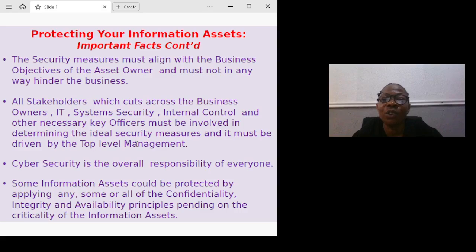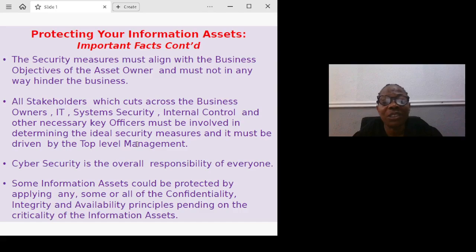In protecting your information access, your security measures must align with the business objectives, like I said, especially that of the asset owner. All stakeholders must be involved to understand and determine the ideal security measures, which we'll be discussing in the next slide.